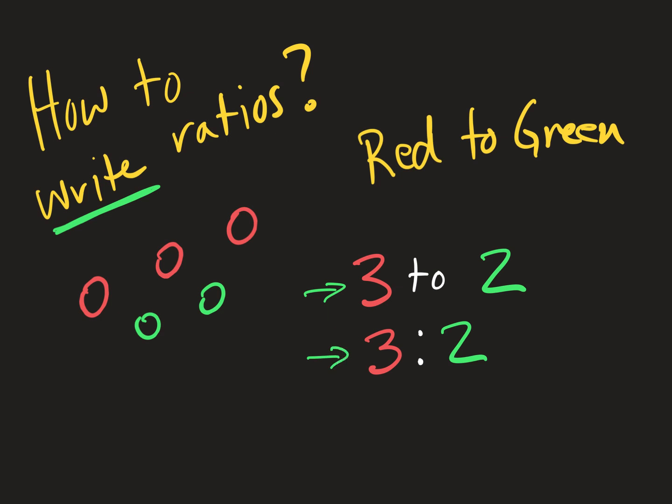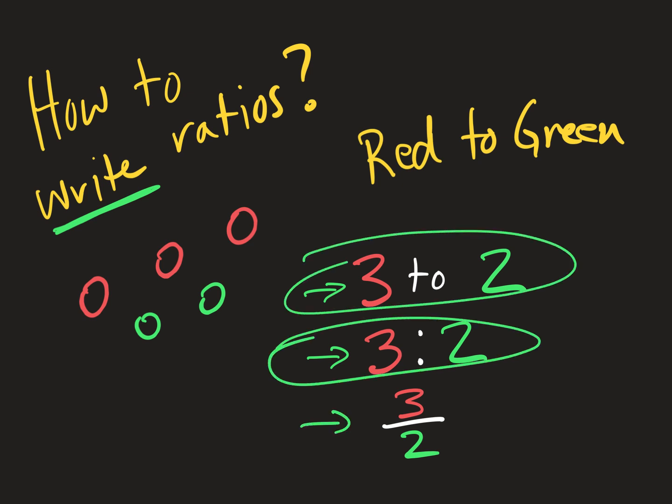You could read it the same way, 3 to 2. And then the other way that you can write these is as a fraction. We could say 3, and then we put our fraction line, and we put 2 as the denominator. So each of these are 3 different ways to write ratios, which again is just a comparison of numbers.